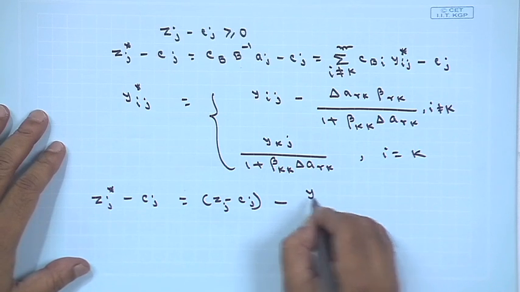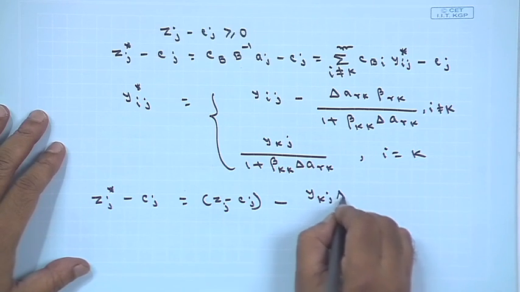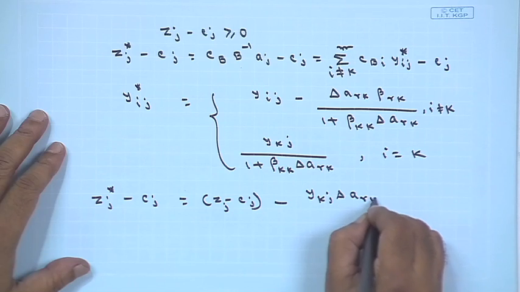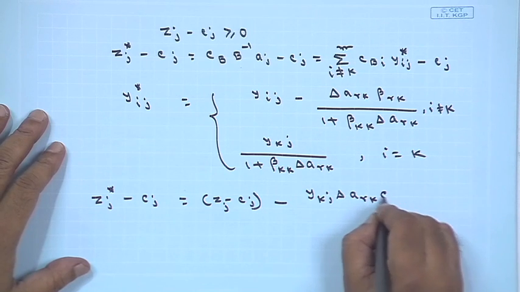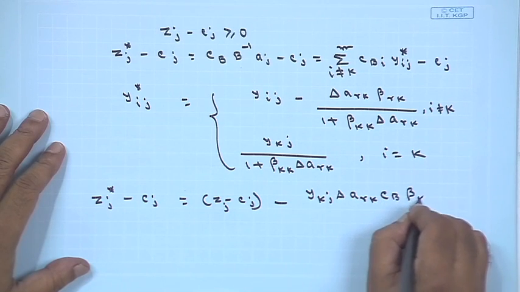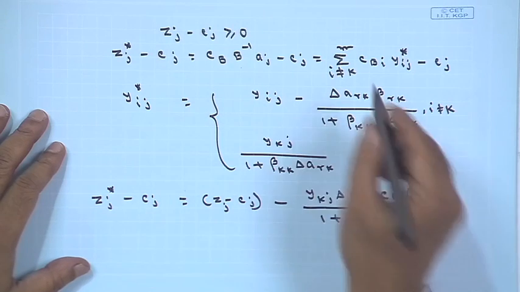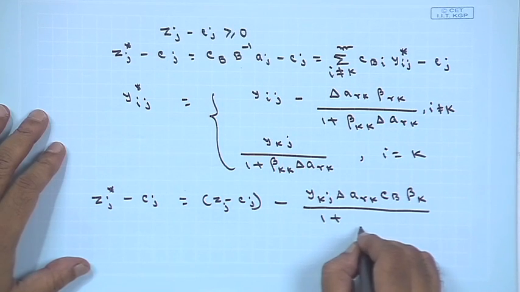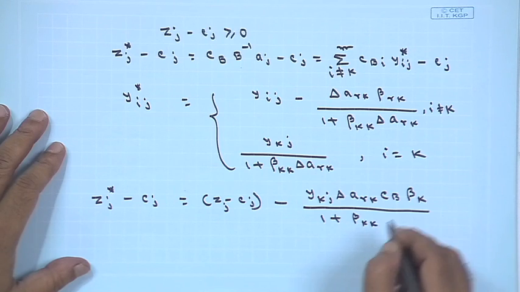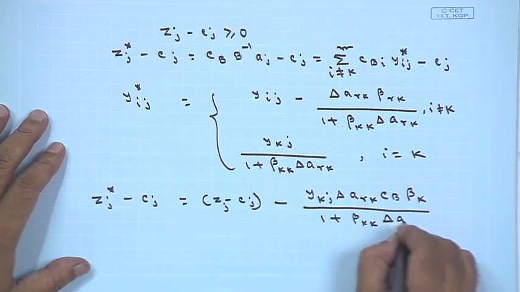minus y k j delta a r k c b into beta k divided by 1 plus, from here I am getting it, 1 plus beta k k into delta a r k.